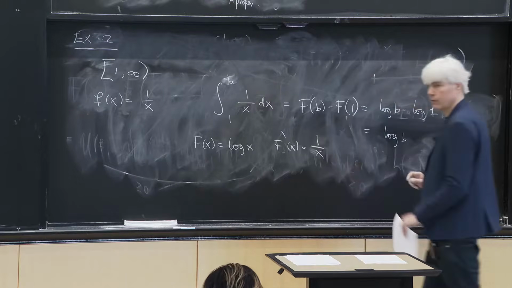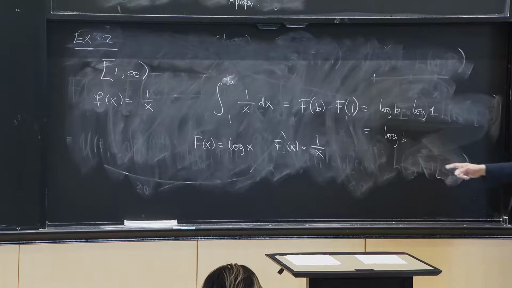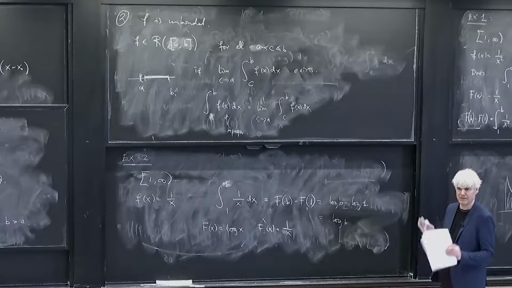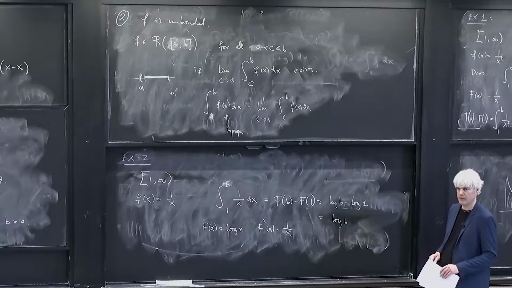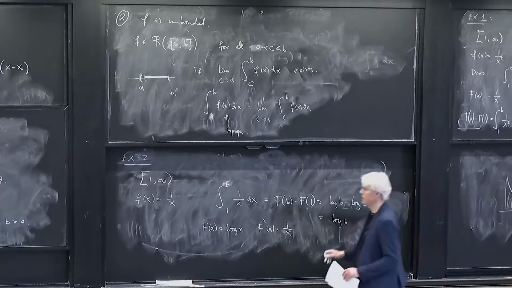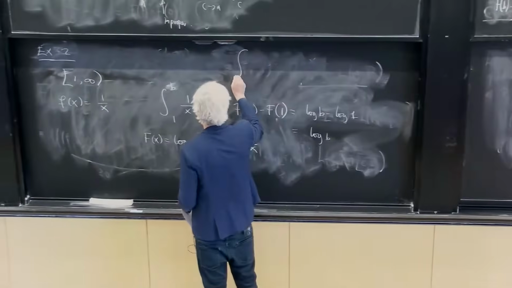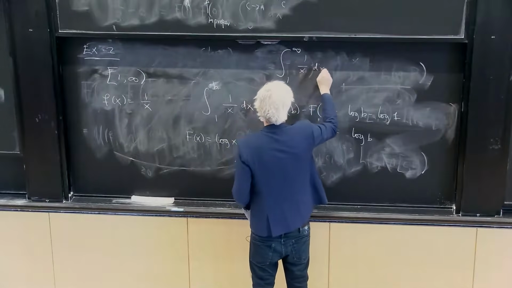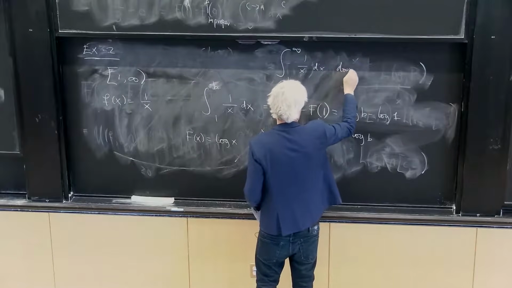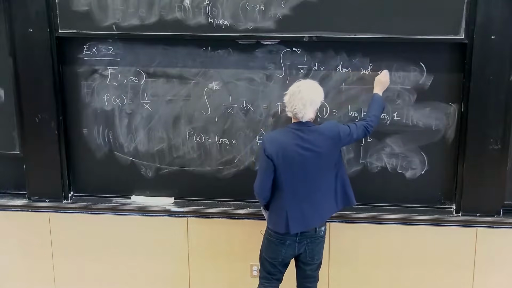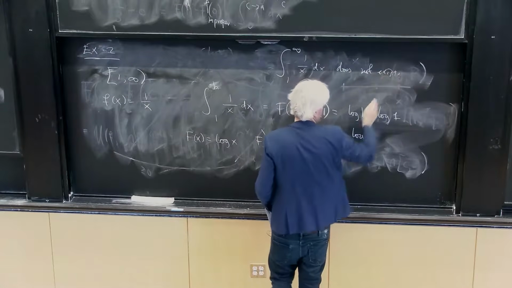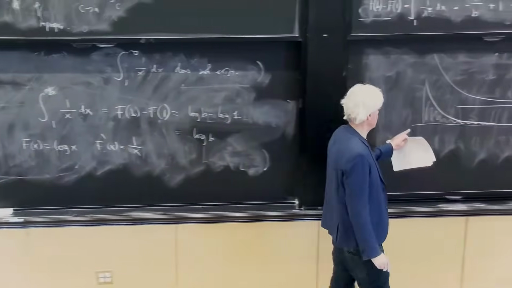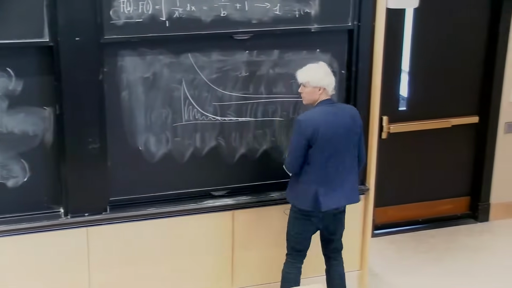But as b goes to infinity, this is not bounded, it tends to infinity. So this improper integral does not exist. The area below this function would be infinite.